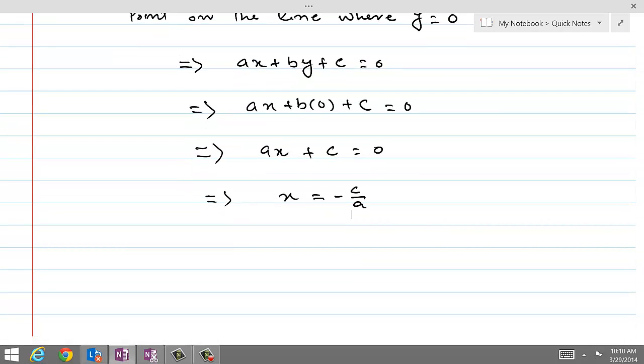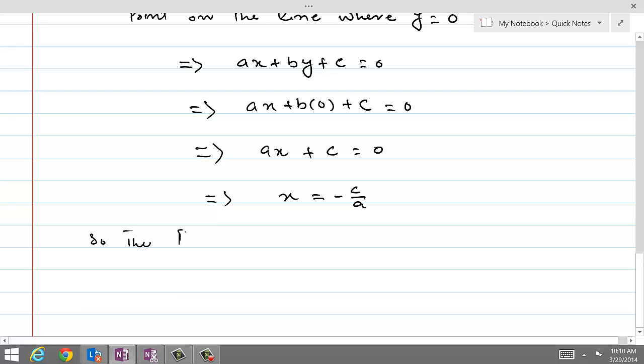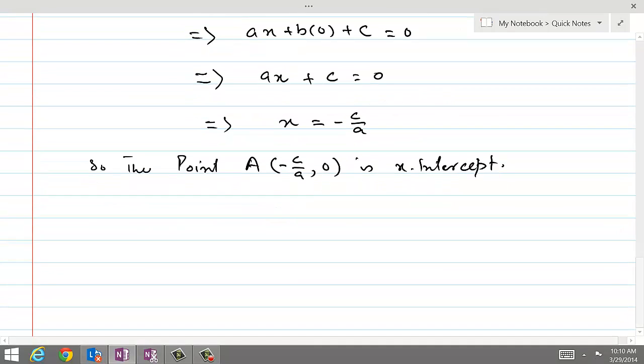Because for x-intercept, y is equal to 0. So the point A, minus c over a, 0 is x-intercept, and this can be taken as a point on the line, and we already know what is slope.